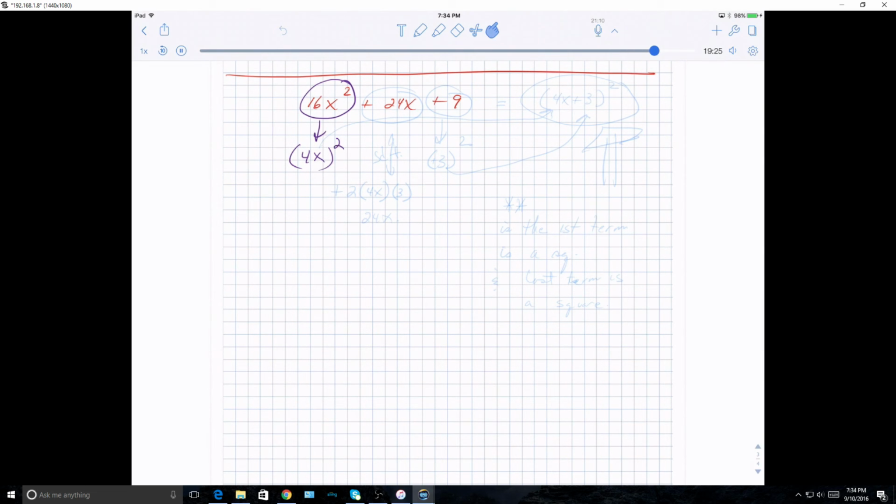Squared. And if you saw this, which is just 3 squared, and you notice that what is the 3? Well, it's positive.